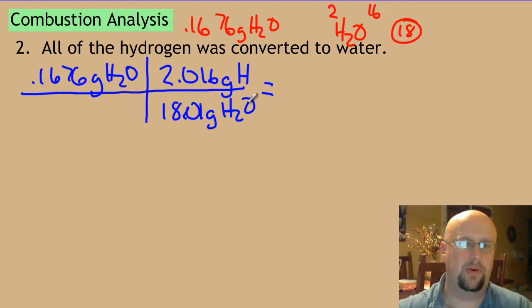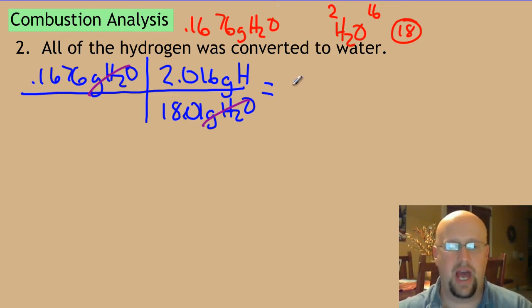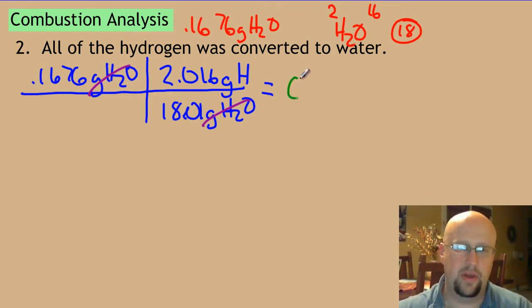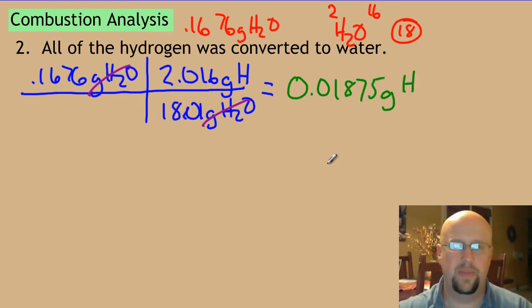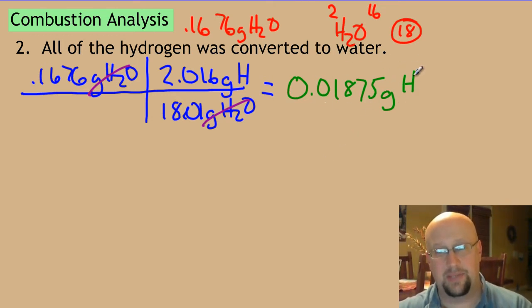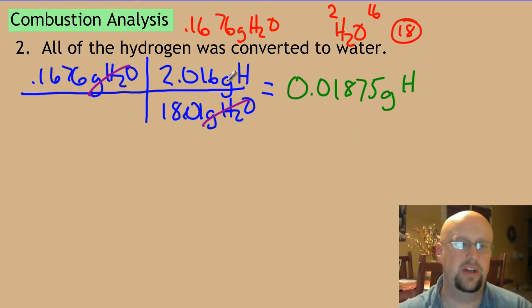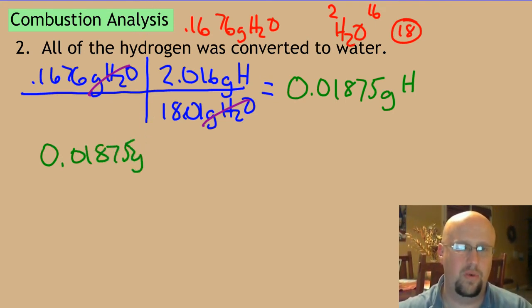That's the hydrogen part. So again, grams of H2O cancels, and that leaves us with 0.01875 grams of hydrogen. And since that's just hydrogen by itself now, we can divide it by the original sample and get the percent of hydrogen. So 0.01875 grams. Whoa.